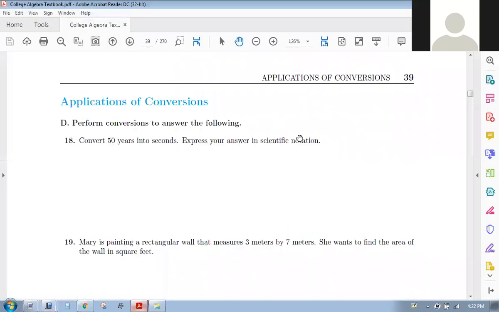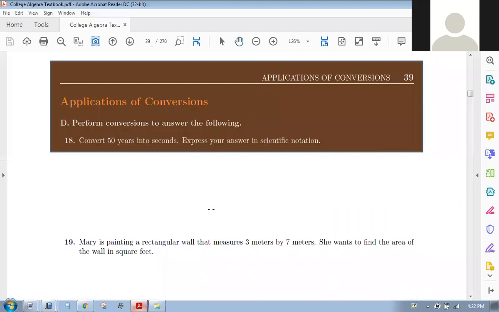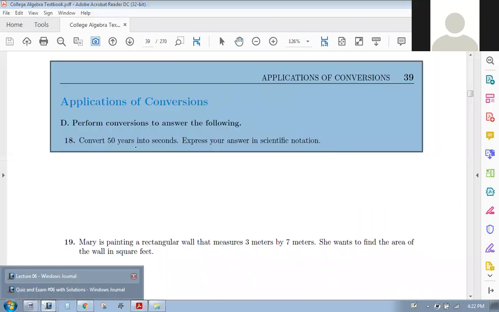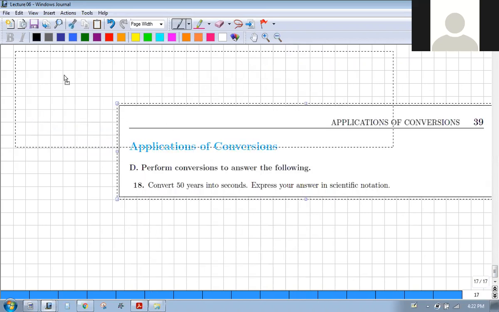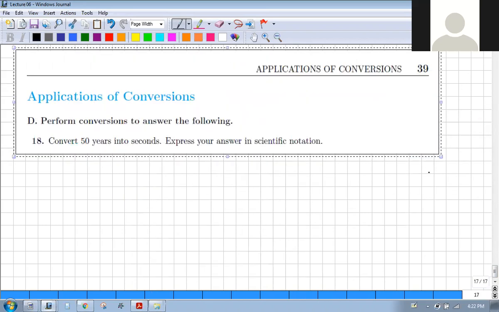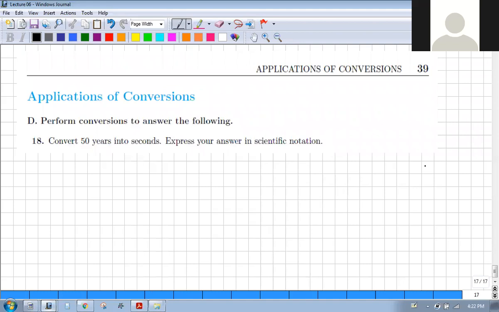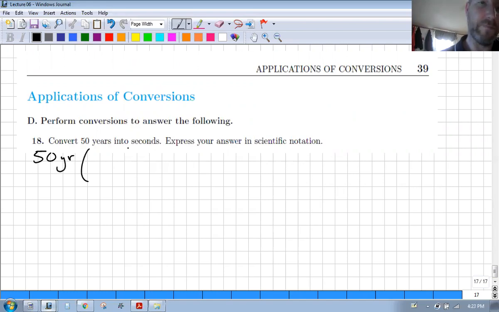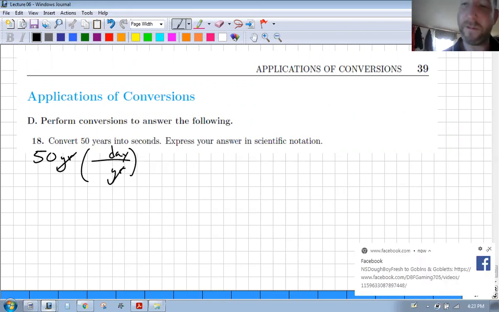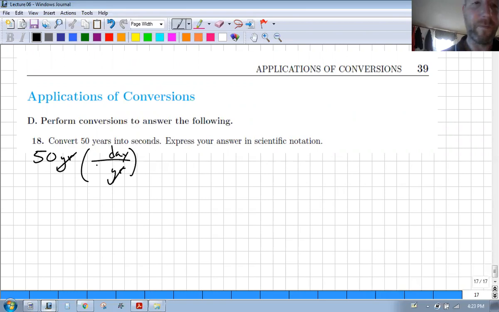Where did we leave off? Here we go. Convert 50 years into seconds. Use scientific notation. 50 years. Get rid of years. You know how many days are in a year? 1 year is 365 days.